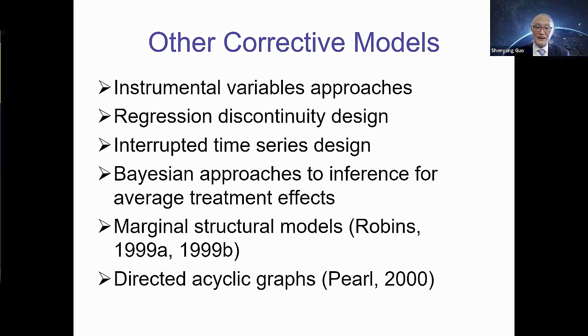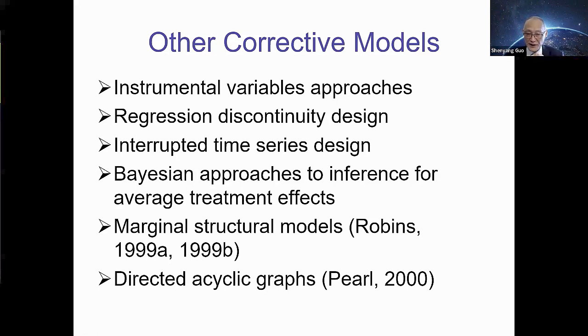This method is growing, and many new developments use the Bayesian approach for causal inference. It's an MCMC procedure to estimate the posterior distribution. We could also have marginal structural models, developed by James Robins.